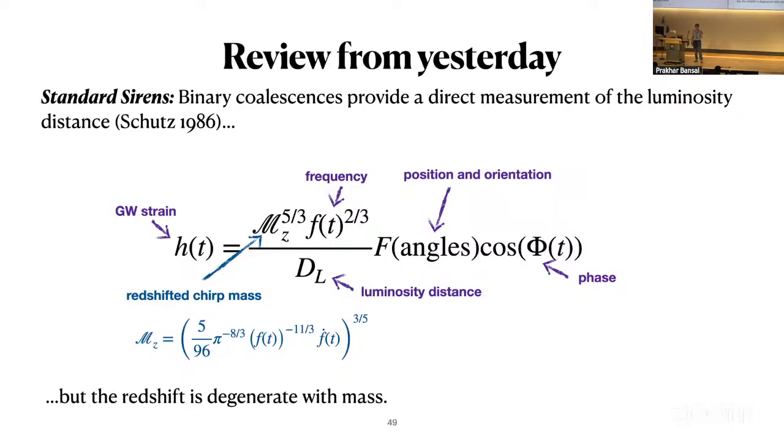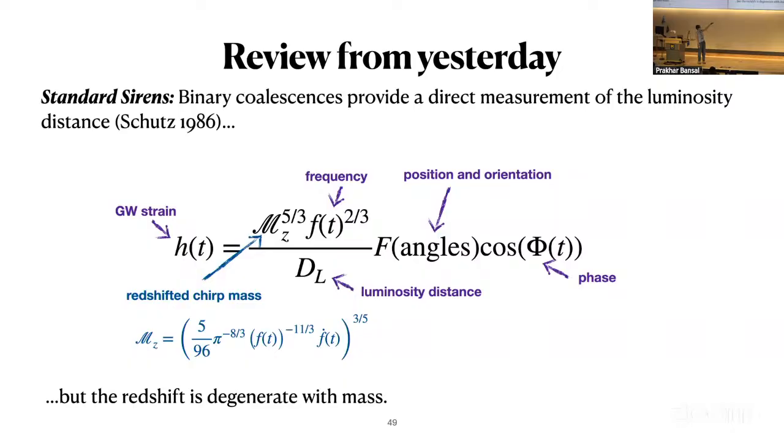As a reminder, gravitational waves from compact binary coalescences have this special property that they directly encode the luminosity distance to the merger. And that is why they're called standard sirens. The way that works is that the gravitational wave strain is proportional to the redshifted chirp mass of the binary, and decays inversely with the luminosity distance.